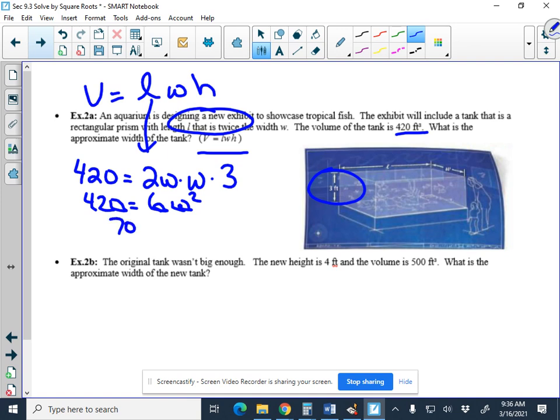If you divide by 6, 70 equals W squared. Now, we take the square root of 70. What? 8.33? 8.36.